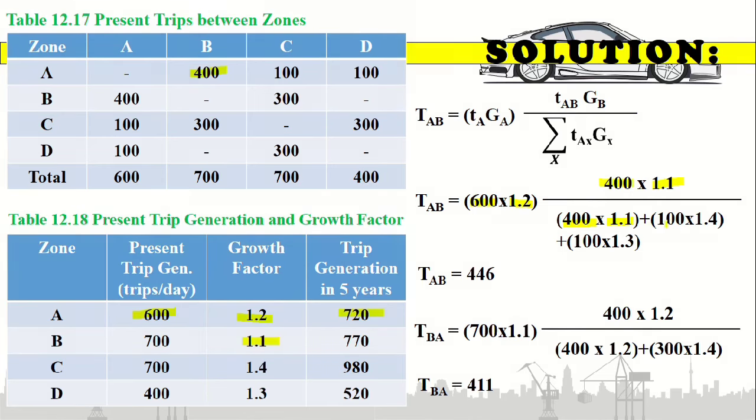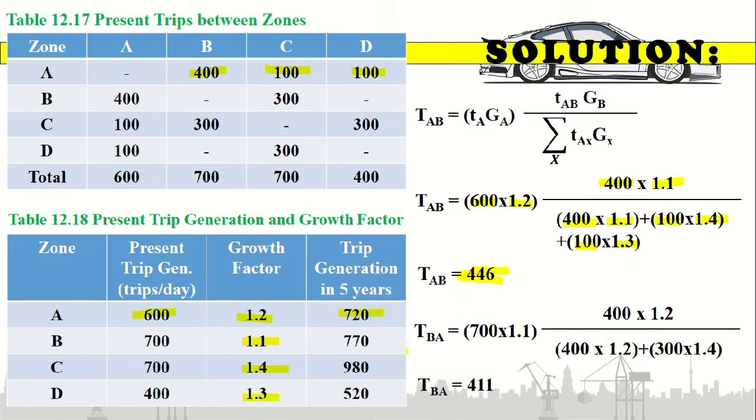Then plus trip at AC is 100 multiplied by the growth factor at C, which is 1.4, plus trip at AD is 100 multiplied by growth factor at D, which is 1.3. So, pag kinalculate natin yan, ang makukuha nating sagot is 446.